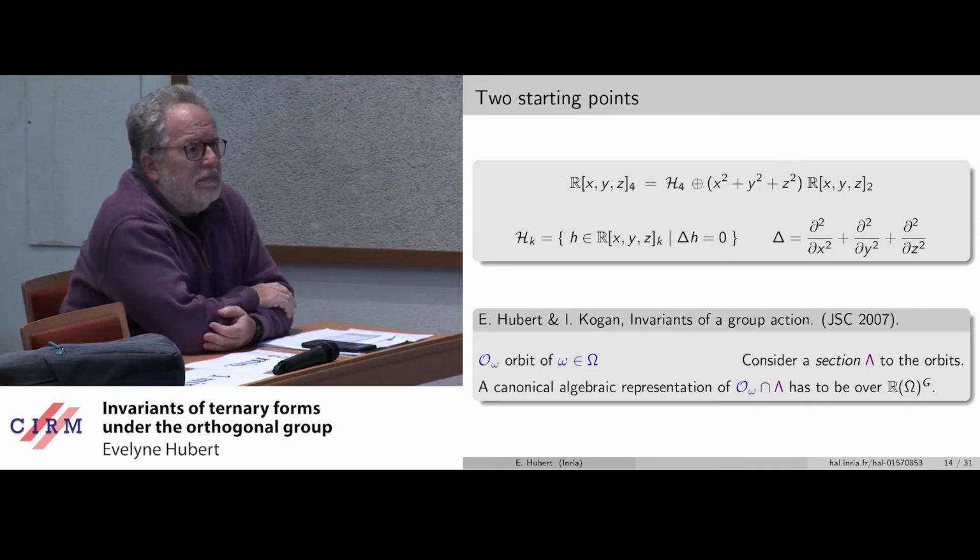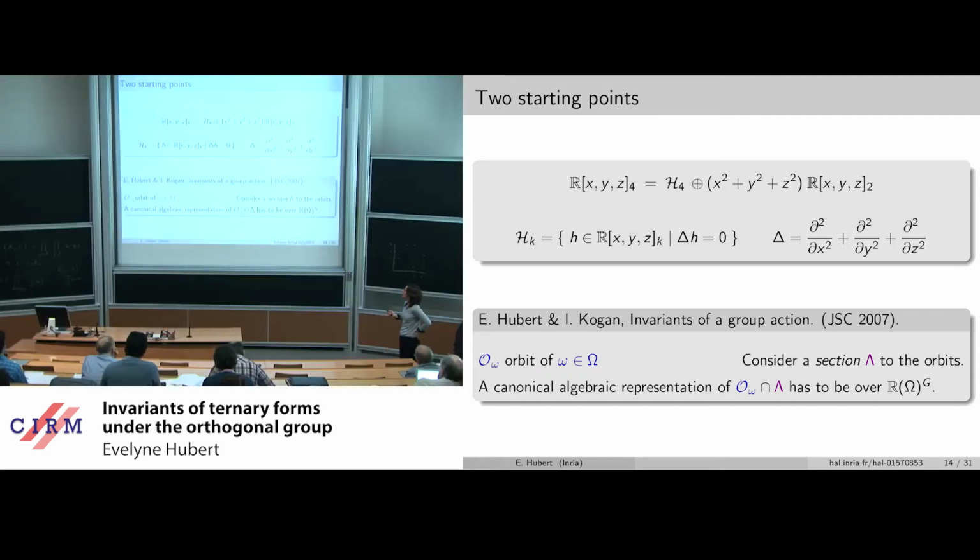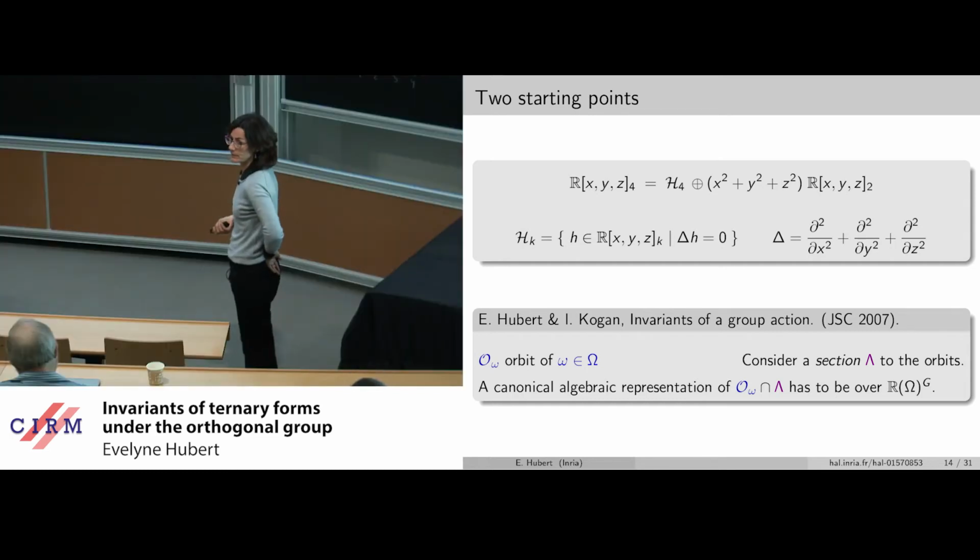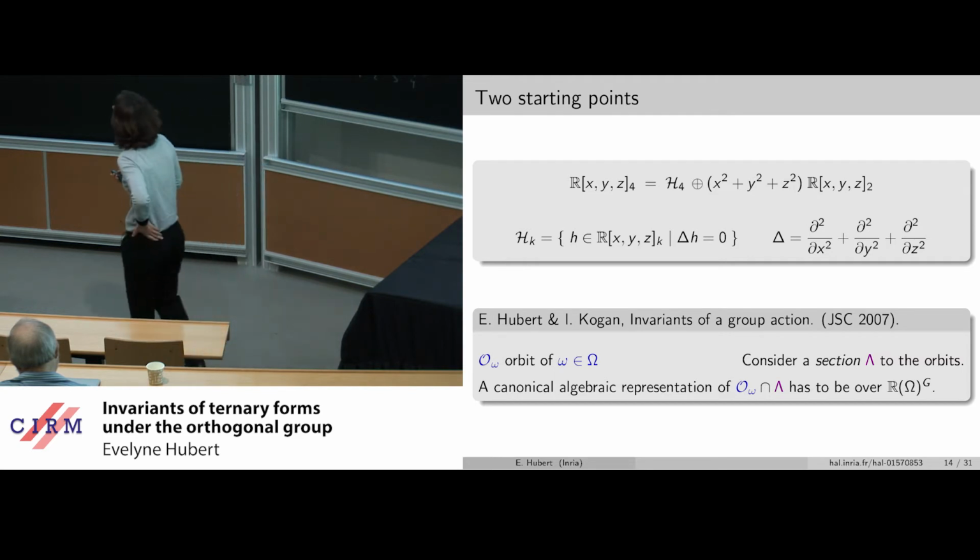By harmonic, it's exactly what you think. It's the polynomials that are zeros of the Laplacian. And the other piece are all the degree 2 polynomials multiplied by this invariant. So these two sets are invariants.